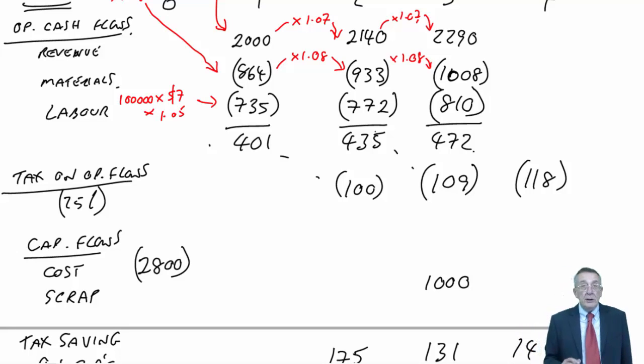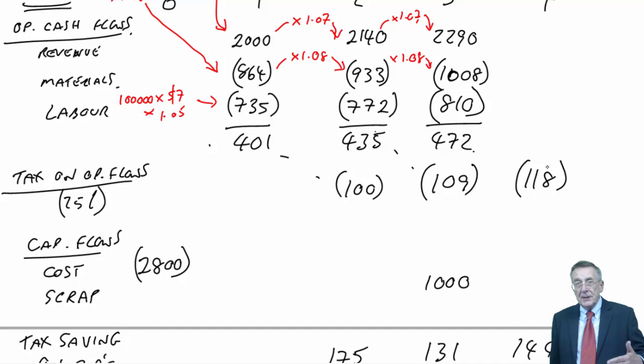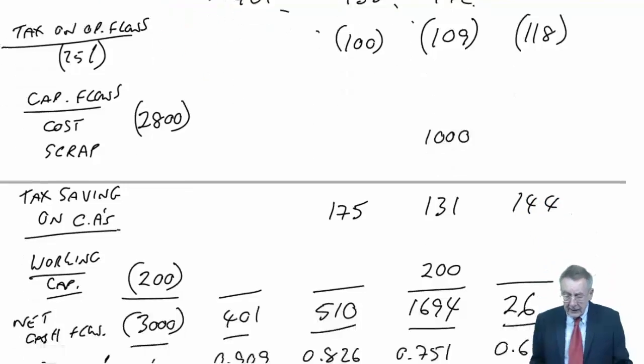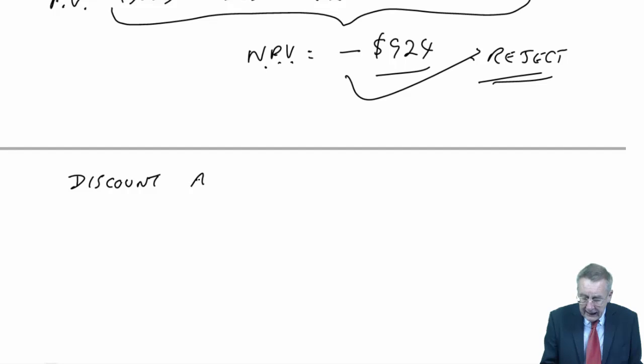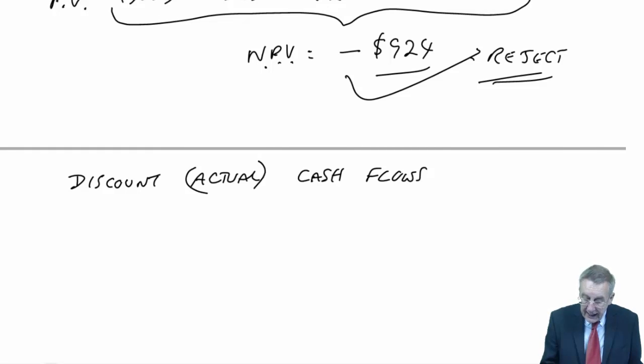And the way we normally deal with it is we discount the actual cash flows at the actual cost of capital. Let me write that down. We discount the actual cash flows, and the other word for actual cash flows is what we call the nominal cash flows.